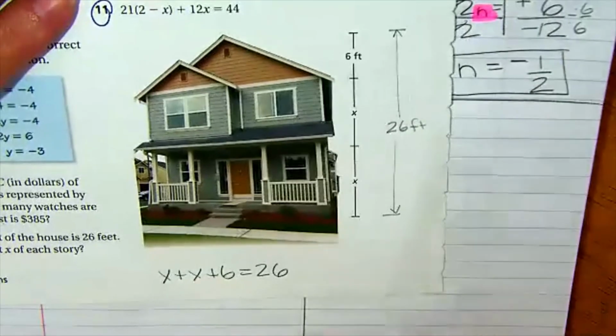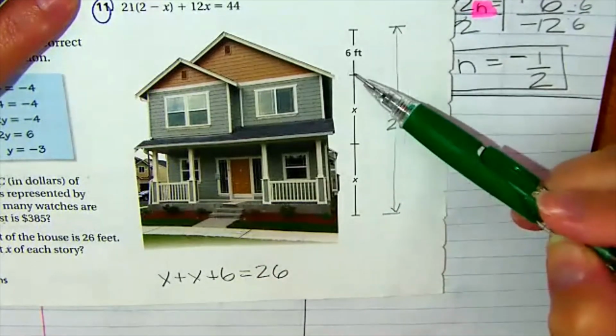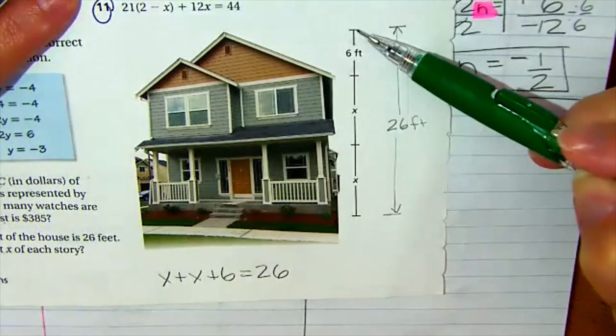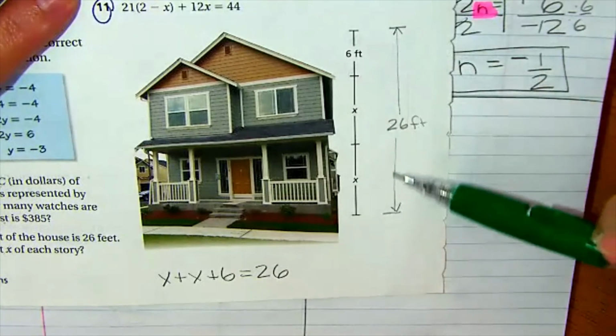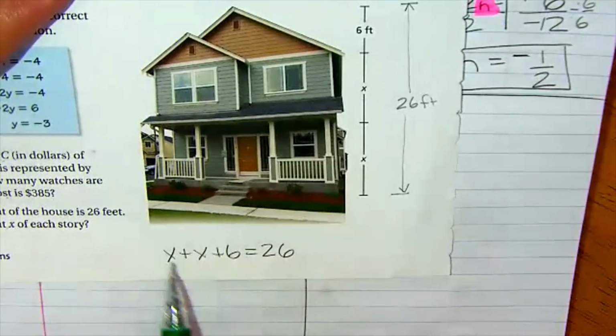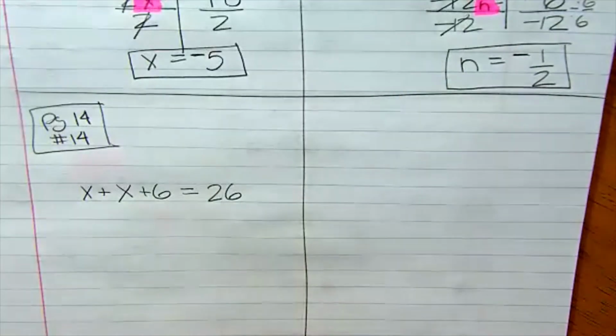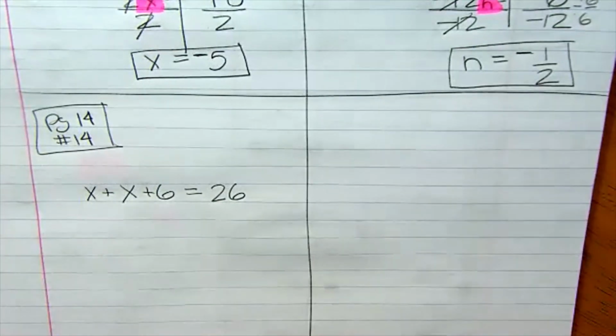So that's this picture right here. The first story plus the second story plus 6 feet equals 26 feet. And this is how the problem is set up. Okay, I'm not solving that for you. I just wanted to help you set it up.